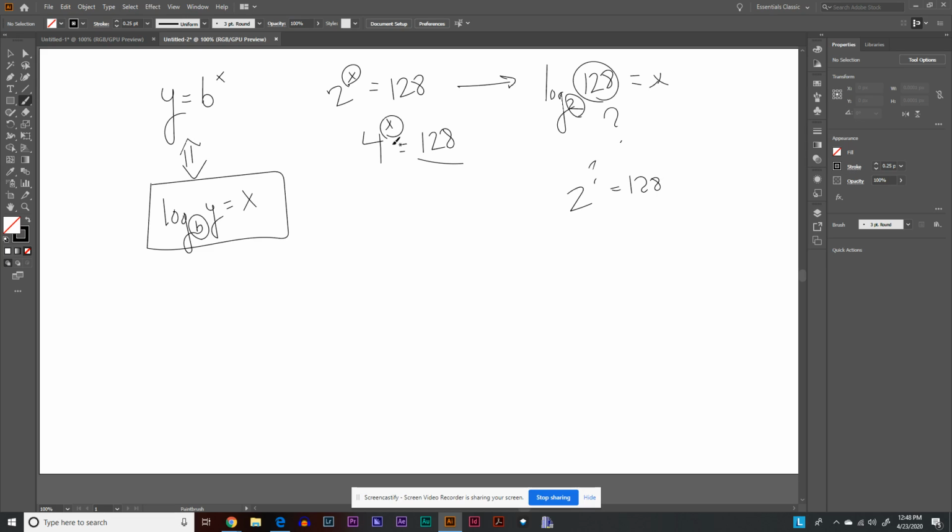The reason that I find this potentially useful is because if I am trying to graph a logarithmic function, and I should be thorough and put my negative axis here as well instead of just quadrant one, but in general, if I'm trying to graph a logarithmic function, like this one, let's say log base 2 of 128, or well, in reality that's log base 2 of x, right?